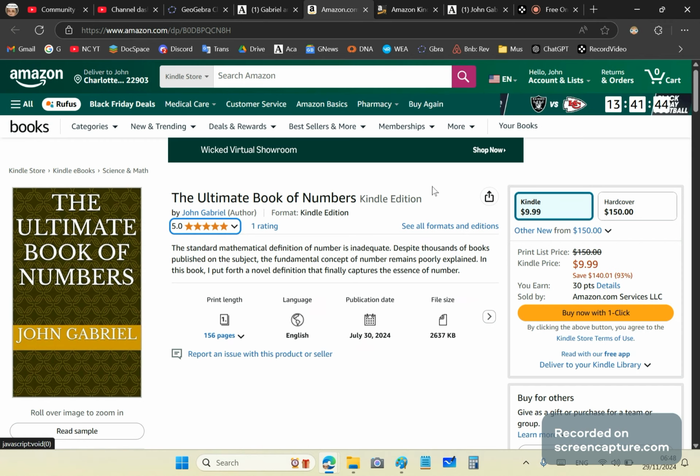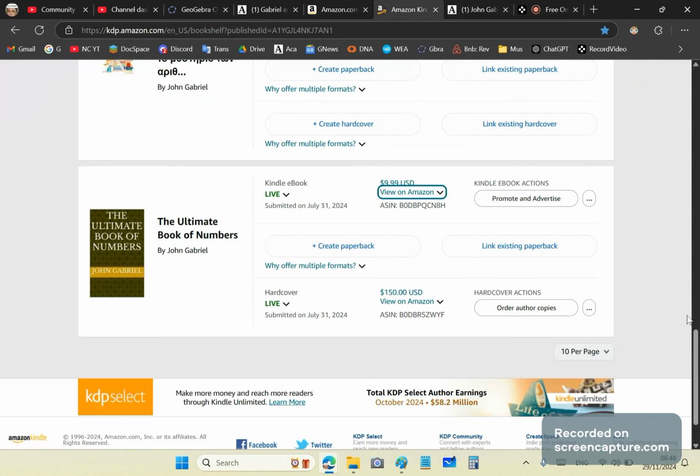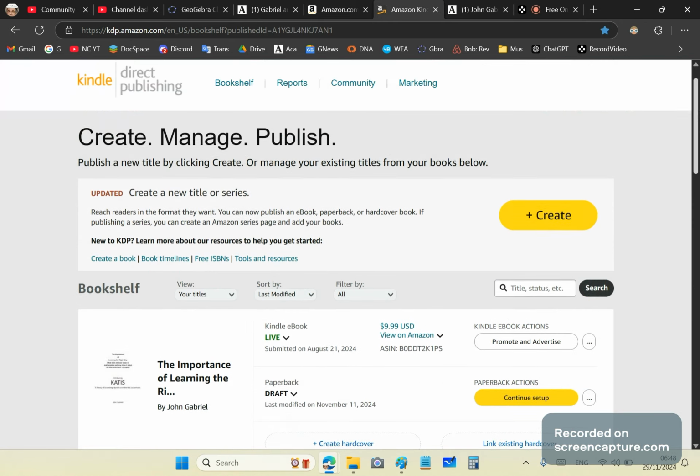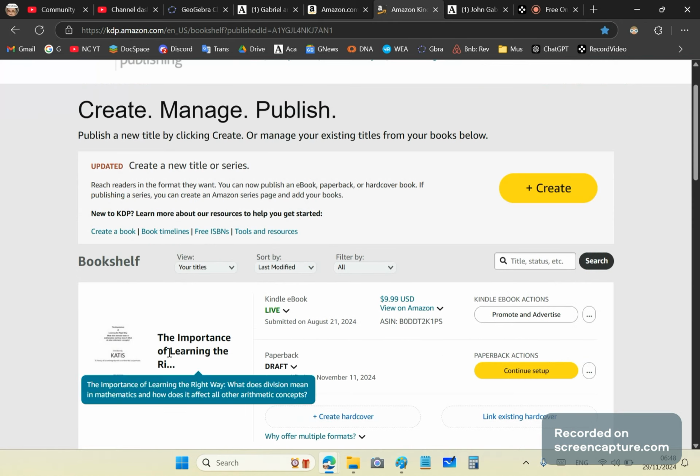And then once you've studied that book, you'll be in a position to understand the concepts of my latest work, which is this one here, and it's the importance of learning the right way. It incorporates my learning theory called Catus.